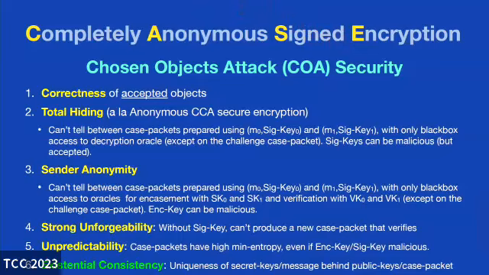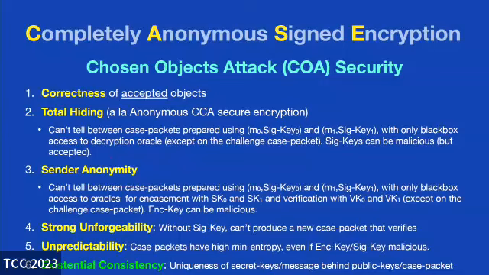It's a little bit like chosen ciphertext attack in PKE, but beyond ciphertexts or CASE packets, we also allow the adversary to create their own malicious keys. So it's objects, and the adversary can create all the objects maliciously. These requirements include a few game-based definitions of total hiding, sender anonymity, strong unforgeability.